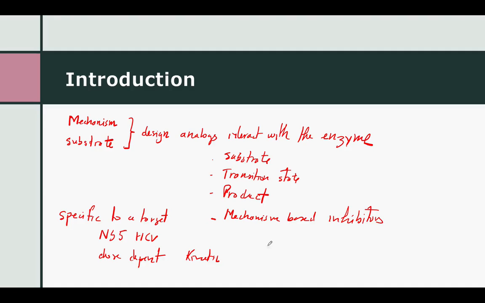So when I talk about specificity, I always go back to penicillins. Penicillins are drugs that specifically inhibit bacterial cell wall synthesis, and they do that by inhibiting the peptidoglycan transpeptidase.